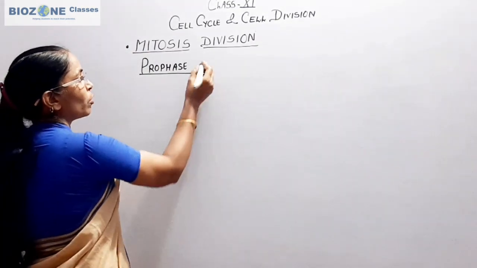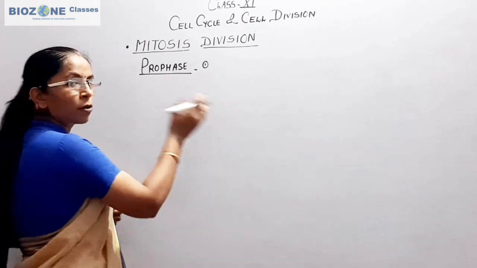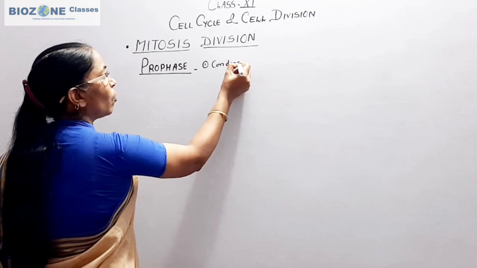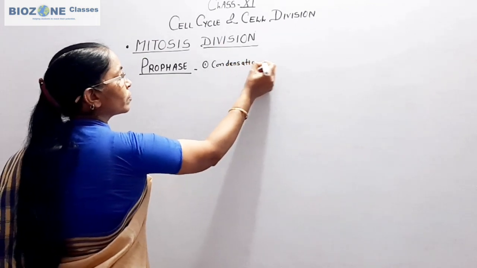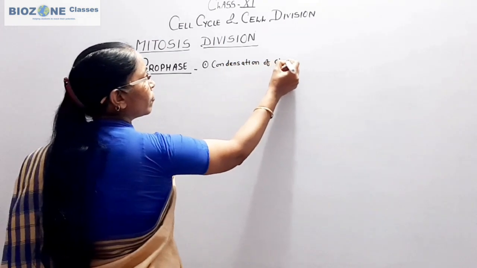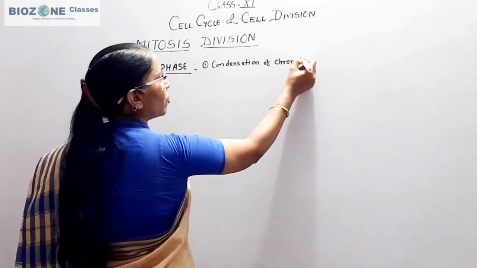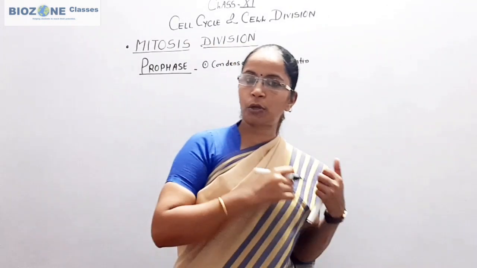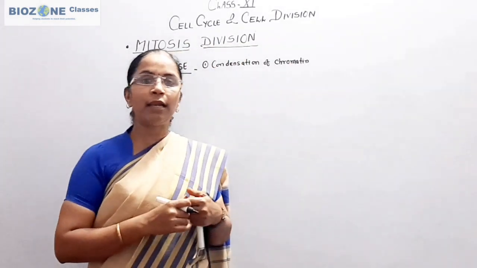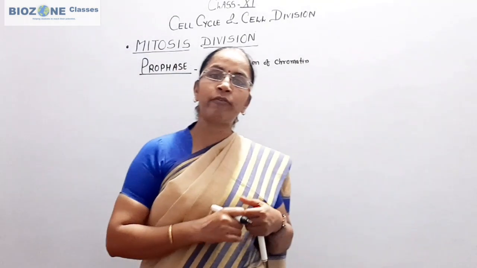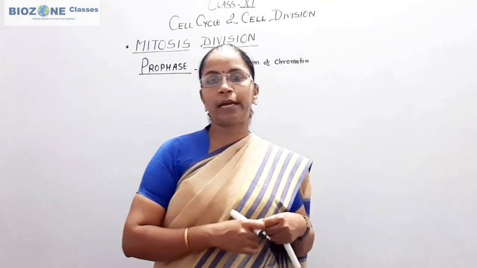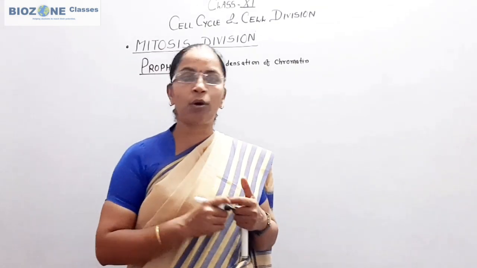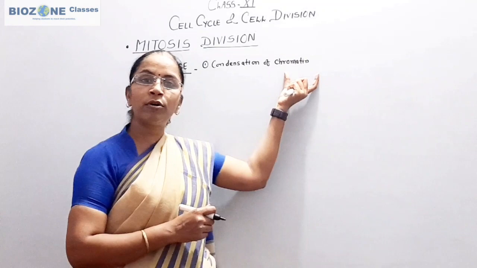In prophase, you remember, it begins mainly with the condensation of chromatin fibers. You all know that in the nucleus topic, when we discussed Cell: The Unit of Life, the resting or interphase nucleus shows mainly a fine network of chromatin.